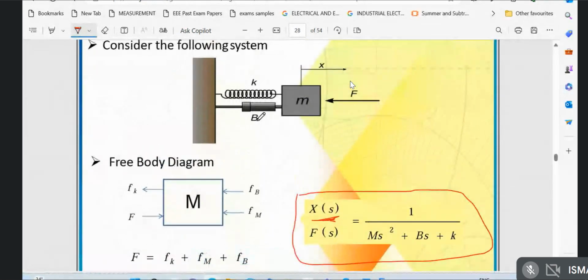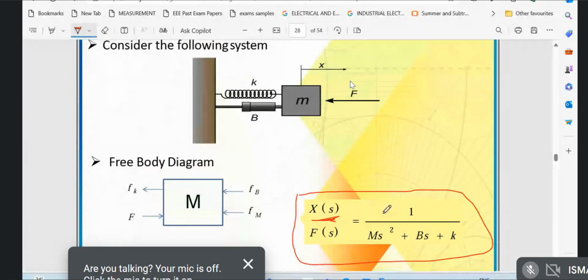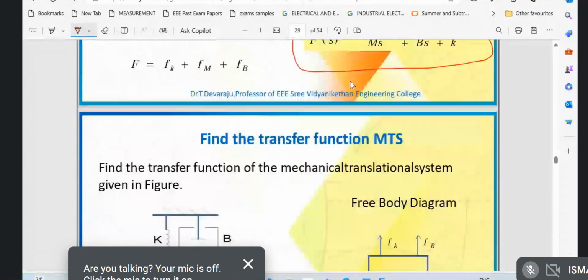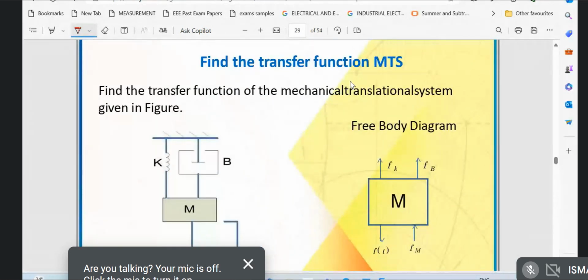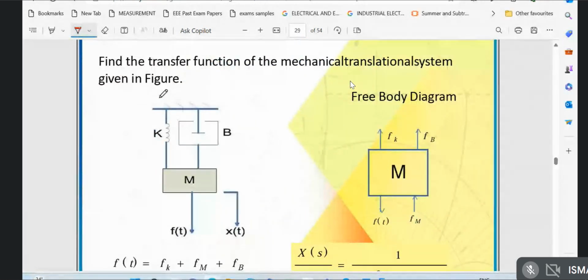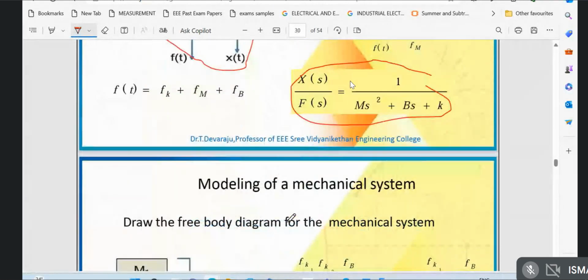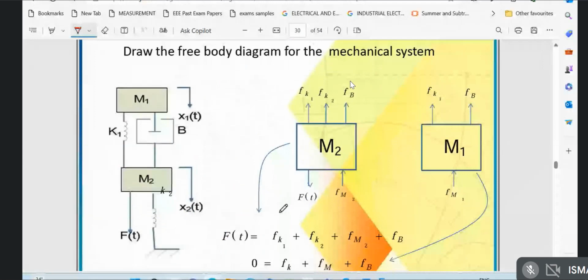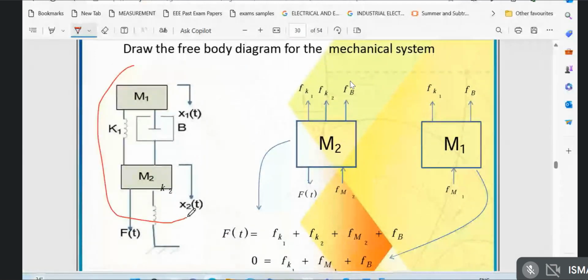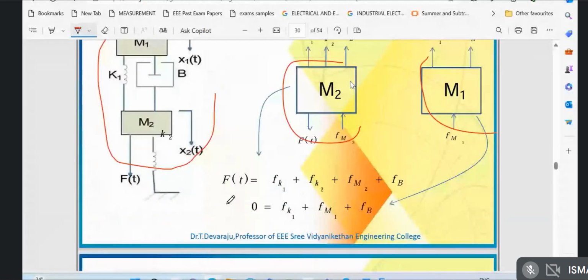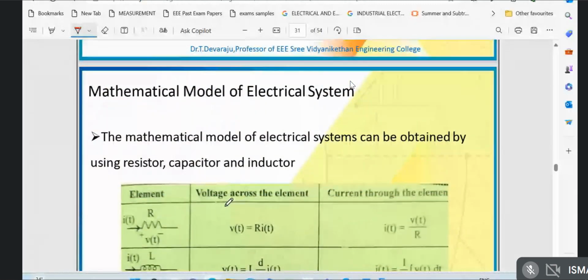In this arrangement here, you'll end up getting this transfer function. But it's not that simple. This arrangement here, which has two masses, you get this model.